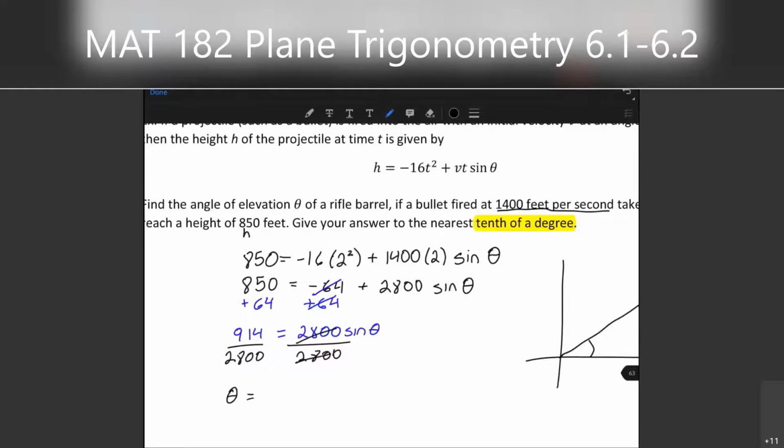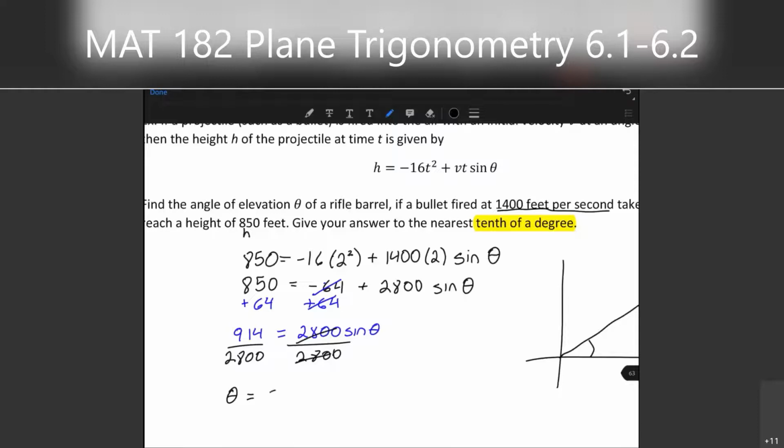What function would I use? I have sine of theta is equal to this ratio. How would I get theta back?